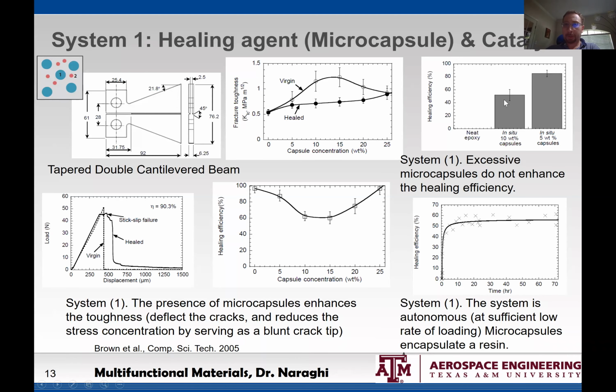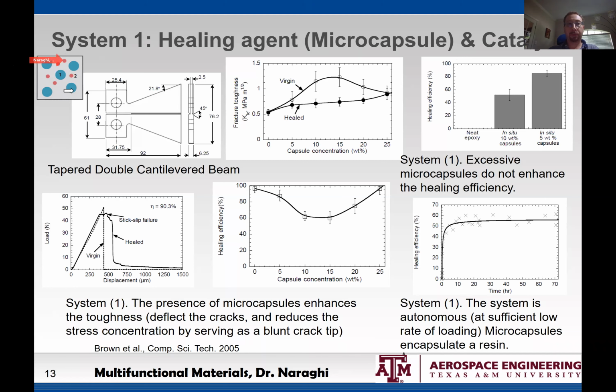Okay, so let's continue with the first type of microcapsule-based self-healing. This is the type of geometry where phase one, the healing material, is encapsulated inside a shell, and there's the catalyst out here.